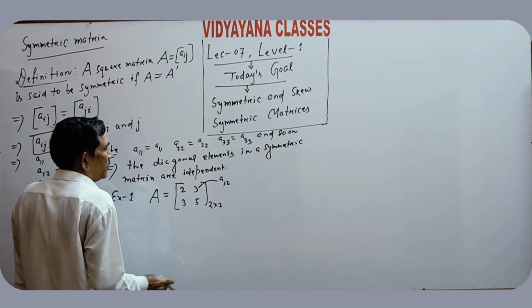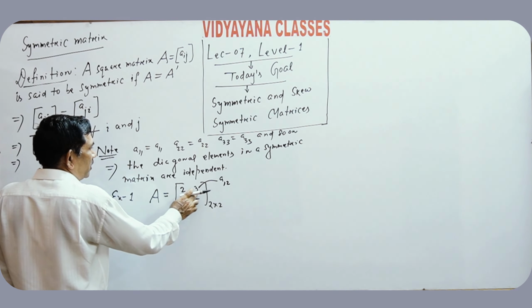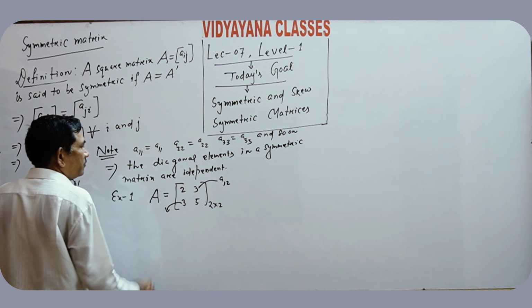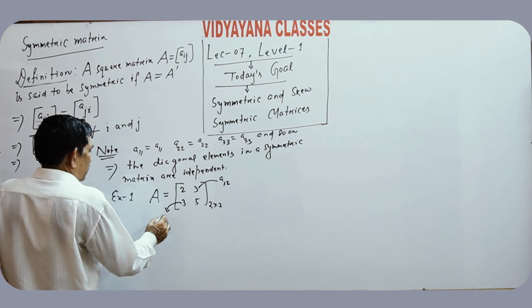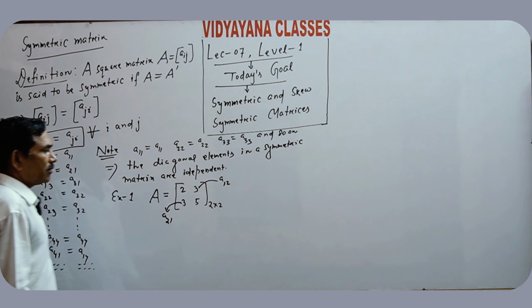A12 will be same as A21. It is the element of the first row and second column, and it is the element of the second row and first column.